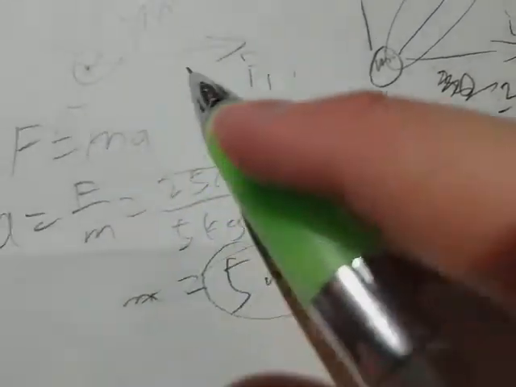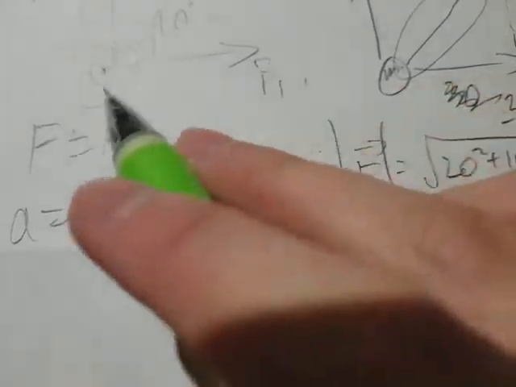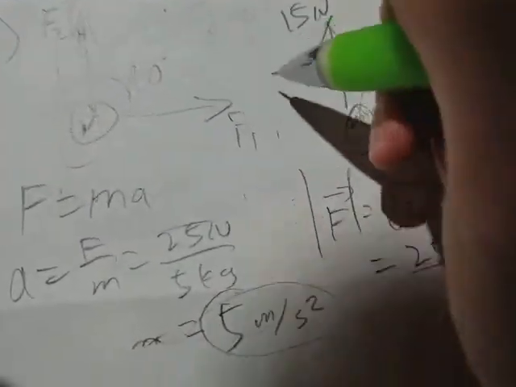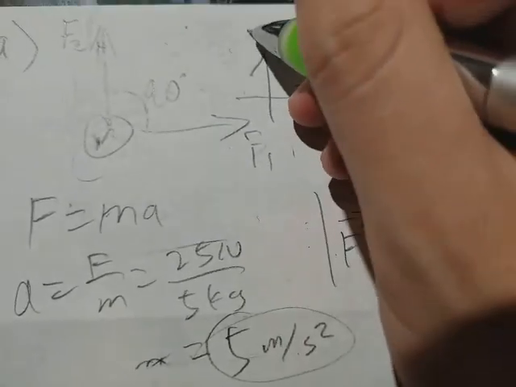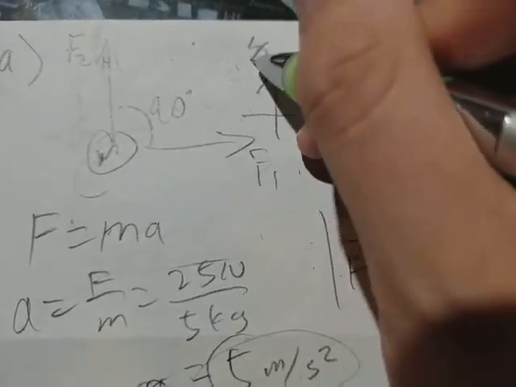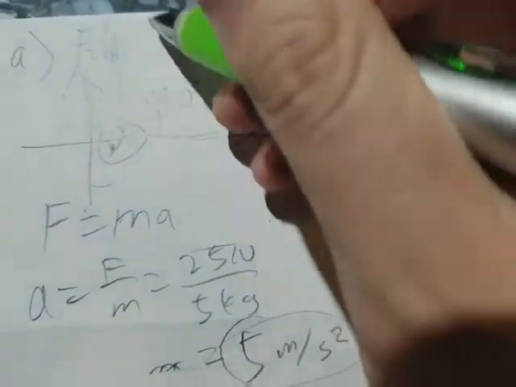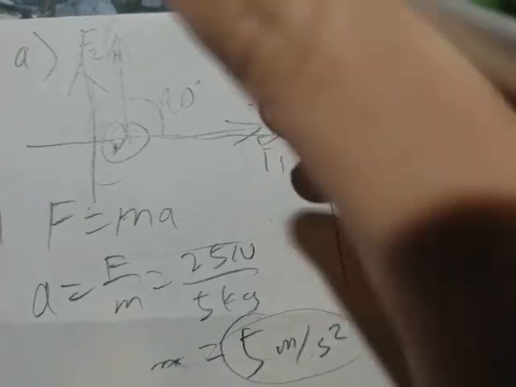Now to find the degree at which the object accelerates, we first point out that this is positive y, this is positive x, and this is the coordinate plane where this guy goes up that way and like that, so F2 is pretty much 15J, and this guy is pretty much 20I.